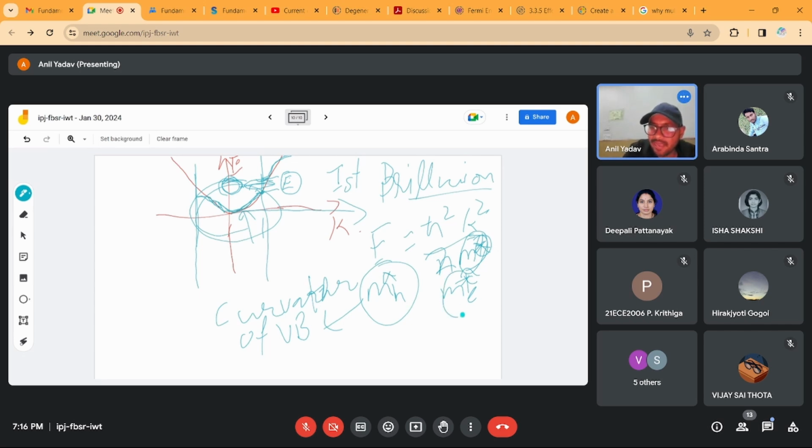Okay, and m* captures the curvature of the E-k diagram for the conduction band. So this is the thing.